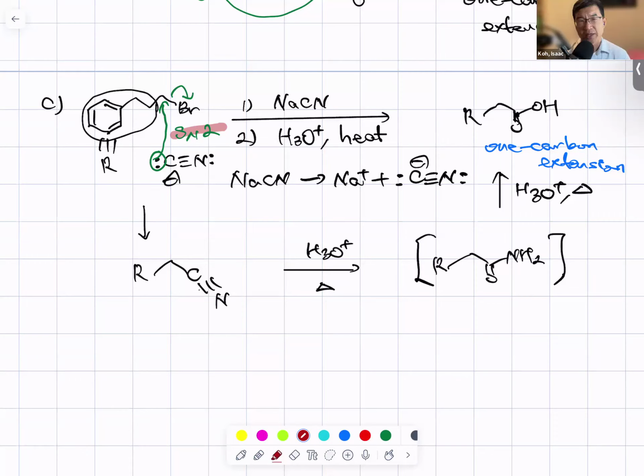And for secondary alkyl halide, cyanide ion is also a nucleophile, but also a relatively mild, good base. So then SN2 and E2 reactions will be competing. So think about those limitations. For SN2 reaction, primary alkyl halide is best.